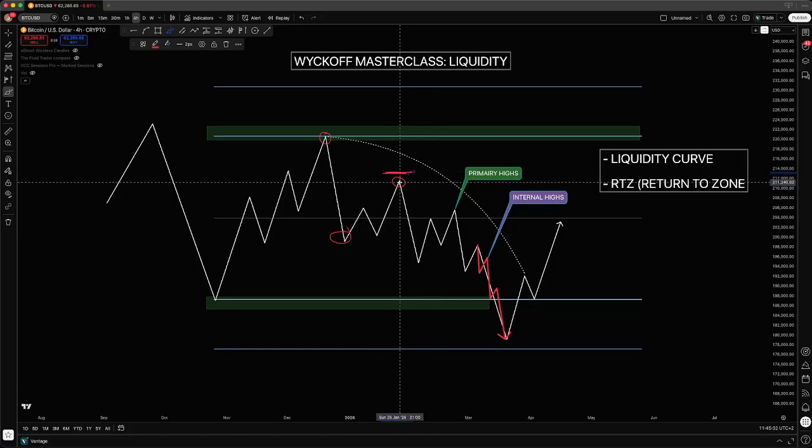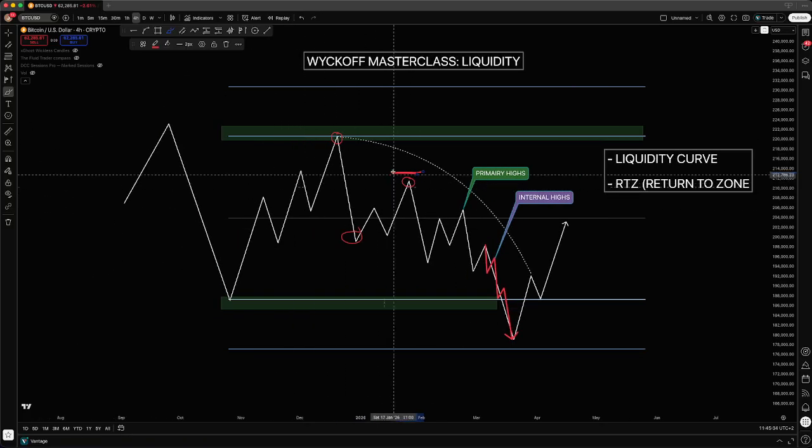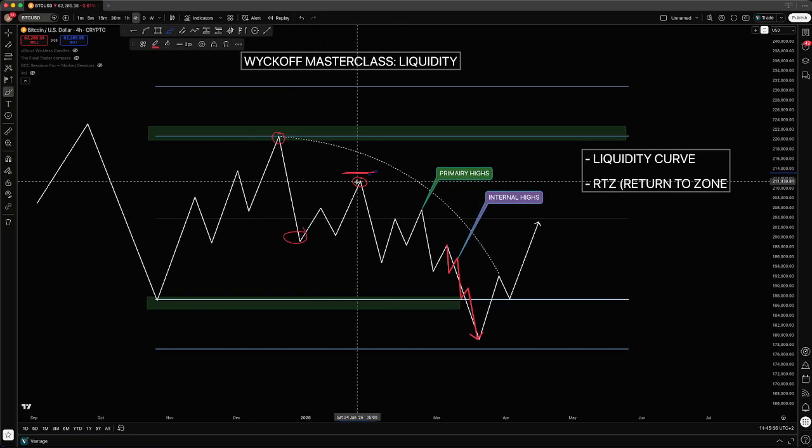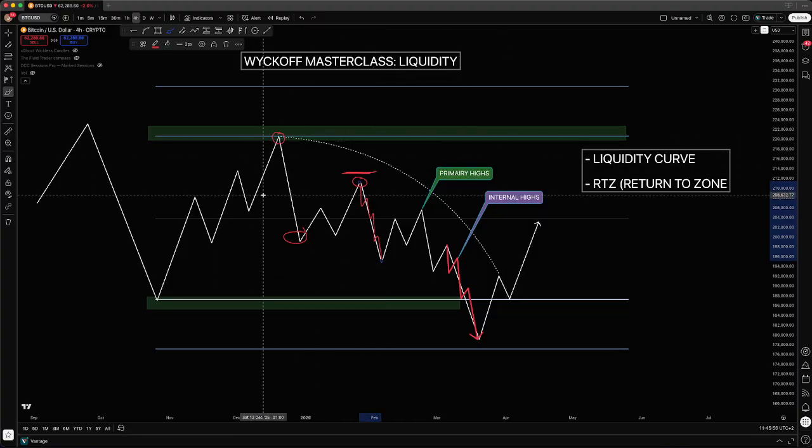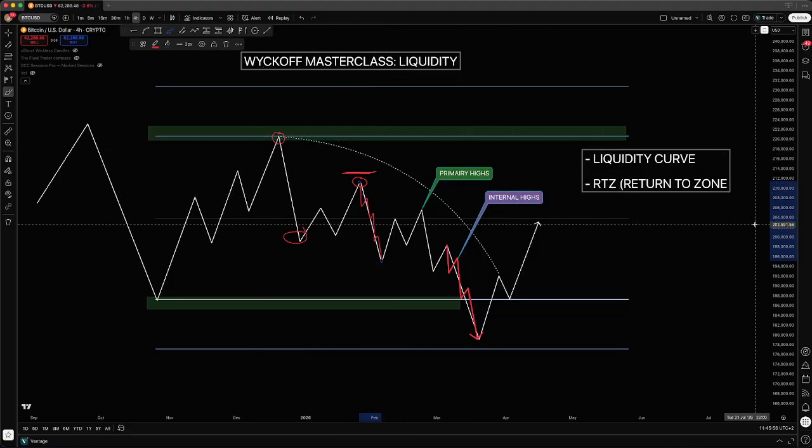So let's say this is a 4-hour chart, and we zoom in and we see primary highs on the 15 minutes, but it's just an internal high on the higher time frames. Of course, it is liquidity and it is relevant on the lower time frames, but on the higher time frames, targeting-wise and return-to-zone-wise, primary highs are the important part.